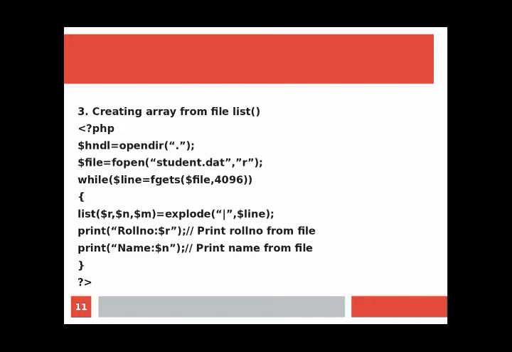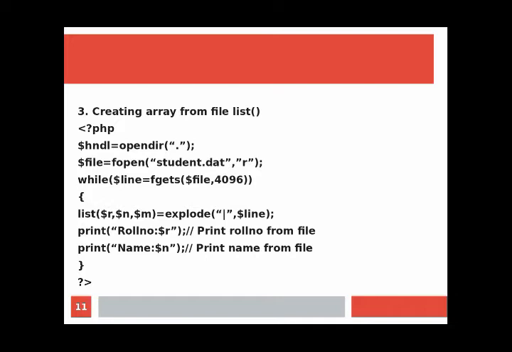Here we have to open whatever file we are considering, so we take the statement fopen. Here our file, that is student.dat, within double quote we have to write that, and then comma again within double quote r. That means we open the student.dat file in read mode.